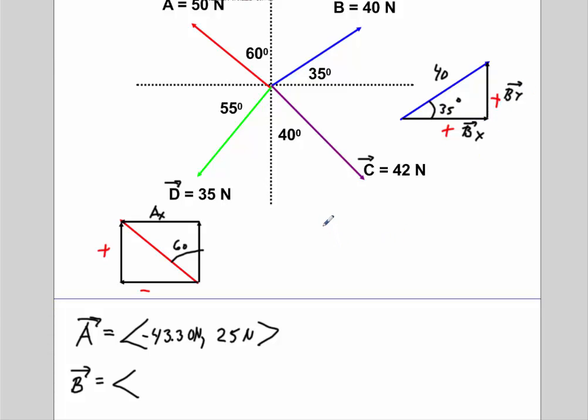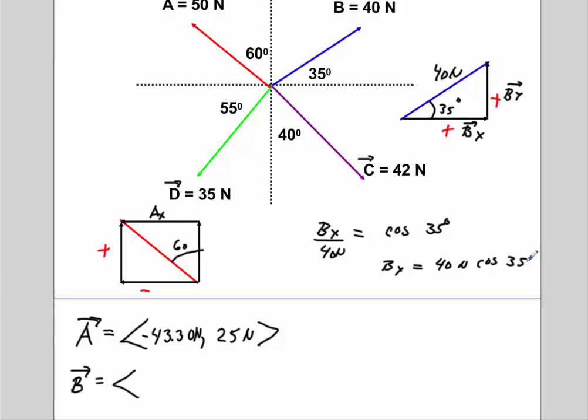So again, we can say that BX over 40 newtons is equal to the cosine of 35. So BX is equal to 40 newtons cosine 35.